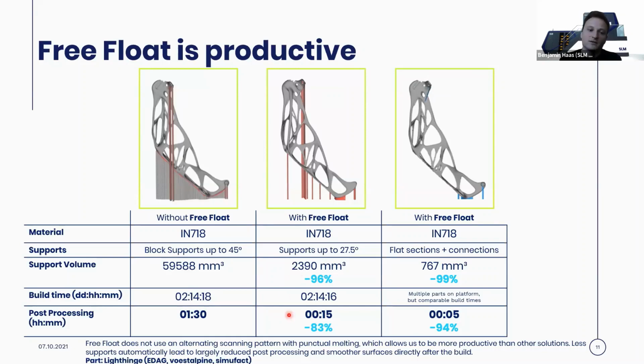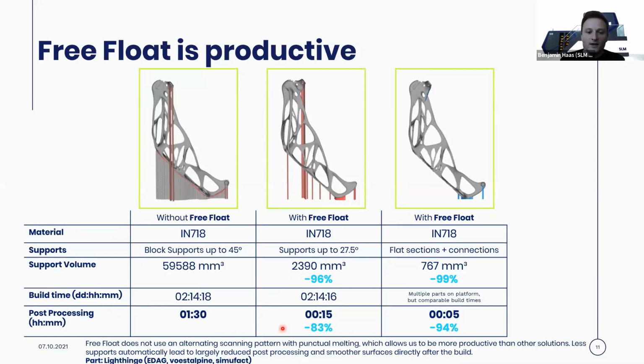So depending, of course, on the wages and the fee that you want to consider in your calculation, the numbers might change a little bit. But of course, if the same part is now up to 83% faster in post-production, I think the math is quite clear here.